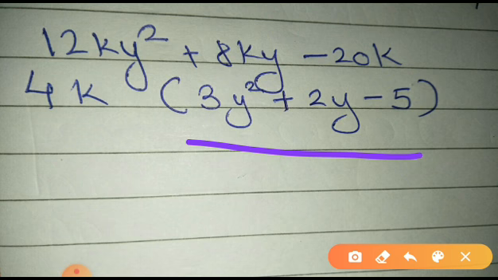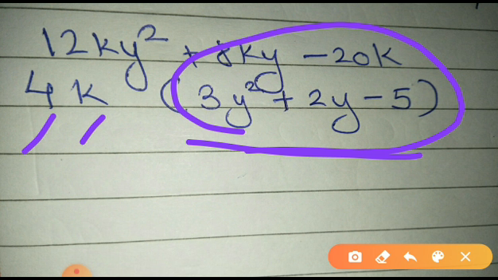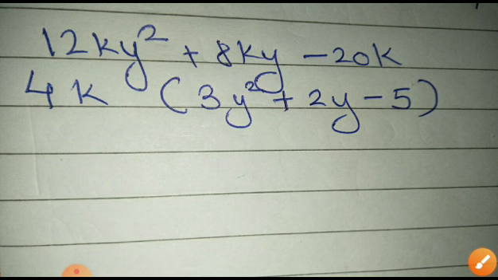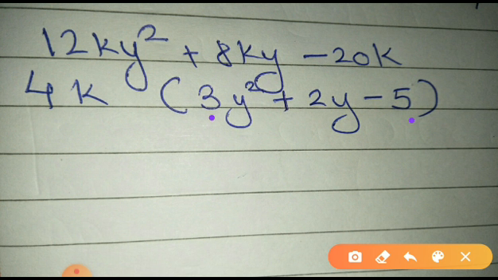Now I have 4k, but check whether this is a quadratic polynomial. See whether I can factorize it. I don't have this as a square term. So better way, check for splitting the middle term. Now splitting the middle term, I will get here product is minus 15 and sum is 2.